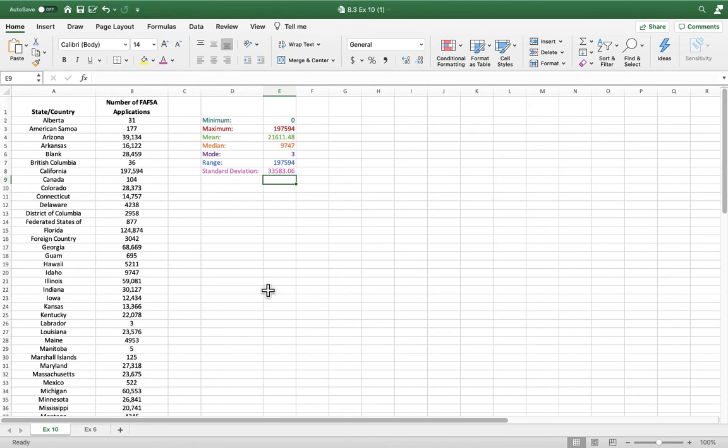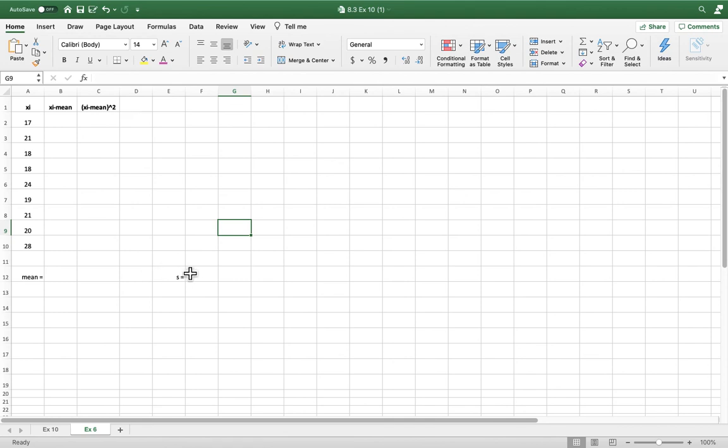And so there's the standard deviation. So that's example 10 on how to find each of those things. If you didn't write them down, be sure and rewatch this little section and write them down.